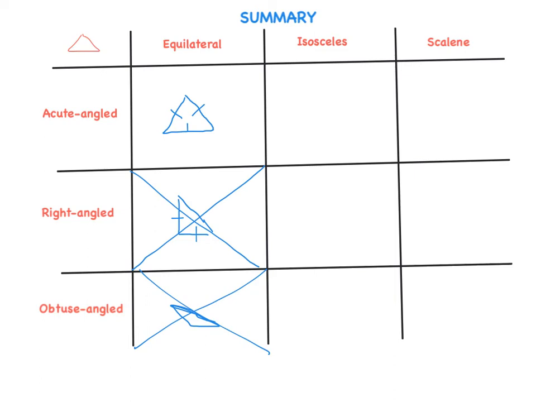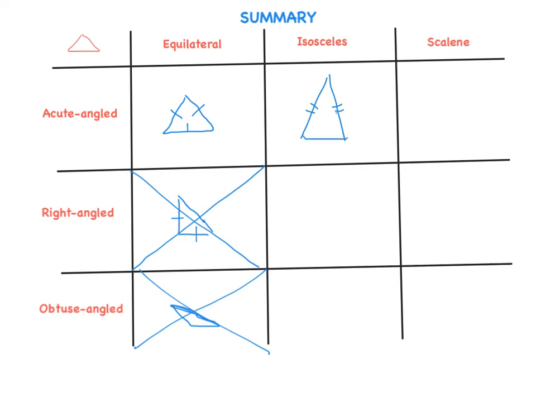Okay, let's look at the next triangle, which is isosceles triangle. So just 2 sides are the same. And first of all, it has to have all acute angles. Okay, so if we have 2 sides the same, done.